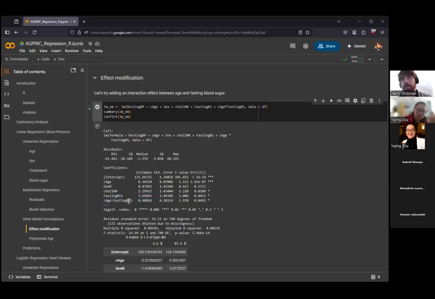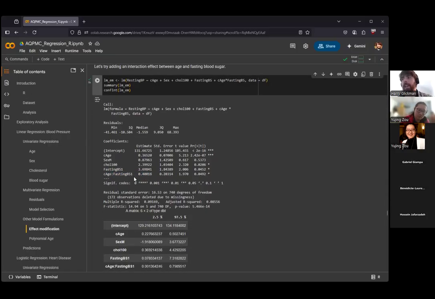And what this interaction term is telling us is that, if our fasting blood sugar is 0, so if we're in our reference category, then this multiplication is going to be 0, and this interaction term will not apply. So this interaction term only applies to people that have a fasting blood sugar of 1.